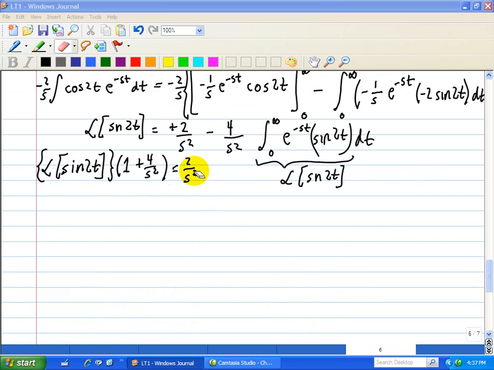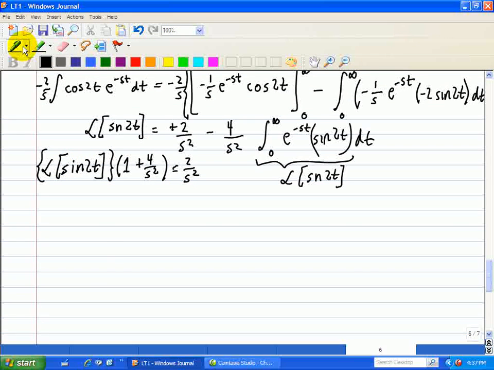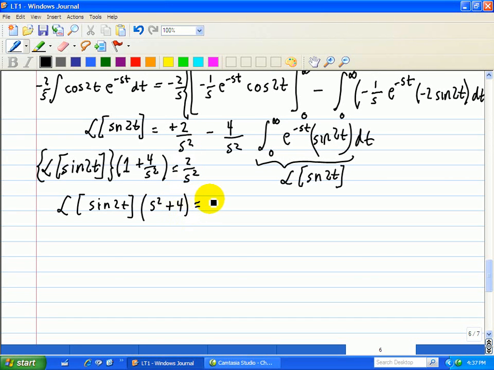So let's finish up this example where we want to multiply on both sides of this expression by s squared, and when we do that, we have the Laplace transform of sine of 2t multiplied by s squared, so this leaves s squared for this first term here, plus 4. And on the right side, we multiply by s squared, that leaves 2.